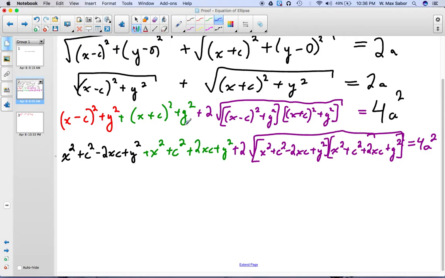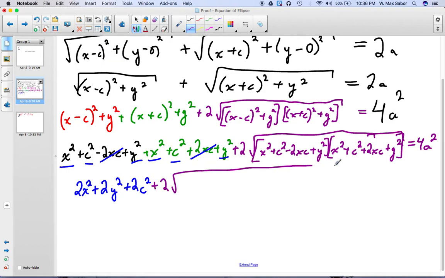There are some like terms that we can combine here. So we have x squareds, we have c squareds, we have y squareds, and these are going to cancel. So we get 2x squared plus 2y squared plus 2c squared, and now we're getting to be under the radical, plus 2 times the square root of, and I'm going to treat this as two separate things multiplied together.